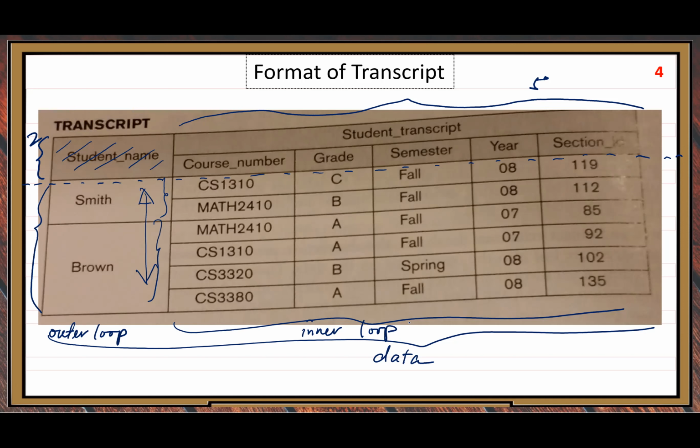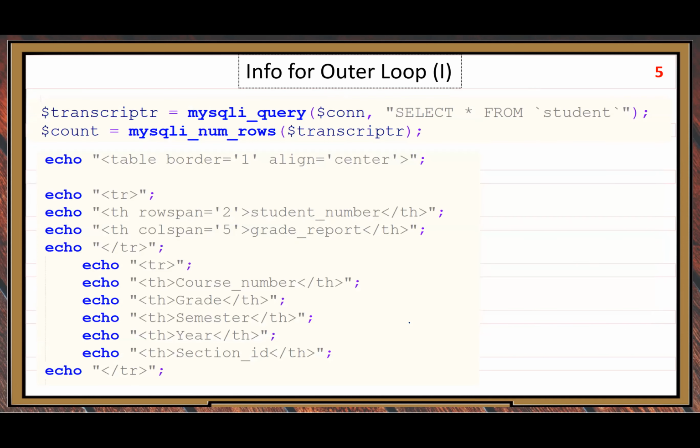Here I showed you. The first part: we need to prepare for the outer for loop. So we need to get the student information. This query is for the student information. A student table query.